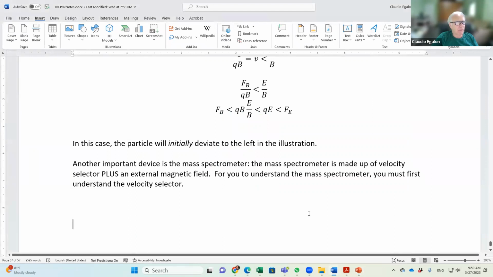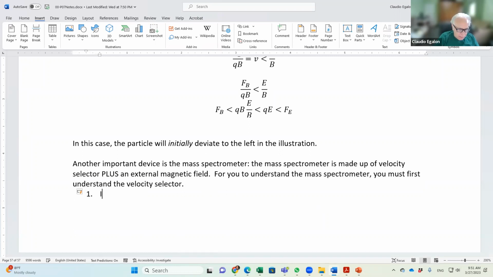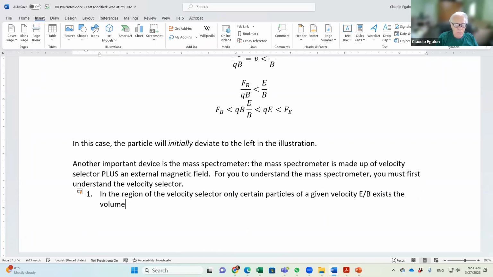Okay, another important device is the mass spectrometer. The mass spectrometer is made up of a velocity selector plus an external magnetic field. In the region of the velocity selector, only certain particles of a given velocity, E over B, exit the volume of the mass spectrometer.